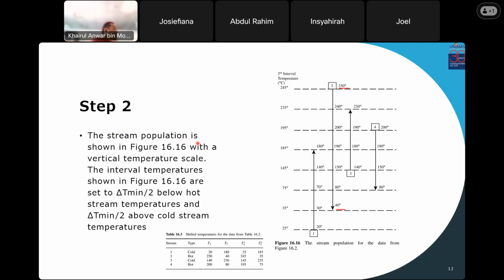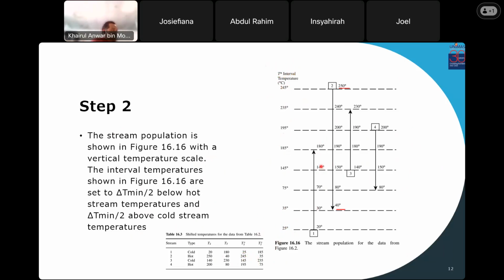The stream population is shown in figure 16.16, with a vertical temperature scale. The interval temperatures shown in figure 16.16 are set by delta T min to the hot stream. This one you already did in step 1, in table 16.3. The next step is to draw this figure. The y-axis here is the shifted temperature, from 25 up to 245.